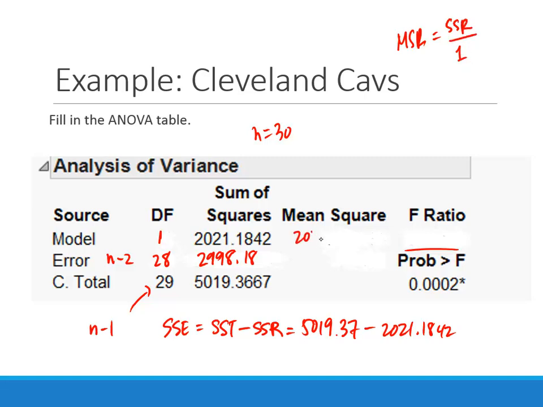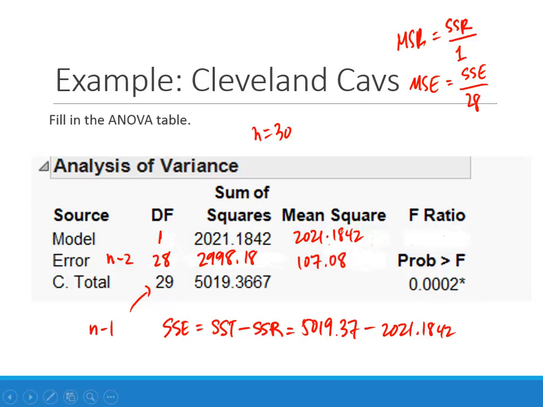So that's the same. And similarly, what's my mean square for error? Well, again, it's my error sum of squares divided by its degrees of freedom. So divided by 28. So that will be 107.08.